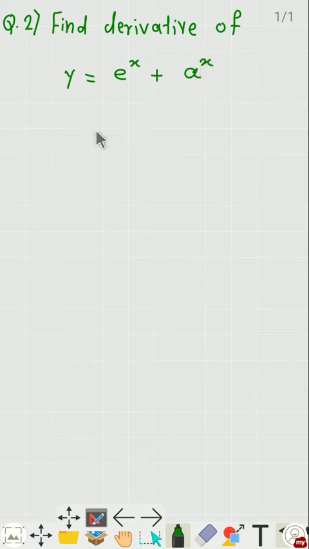Okay, simple, standard functions. So we write the answer of this question.